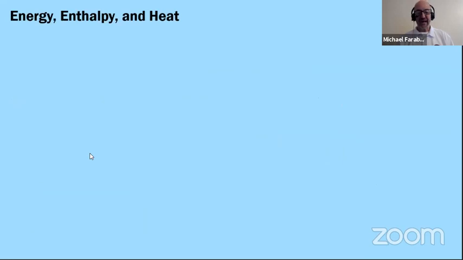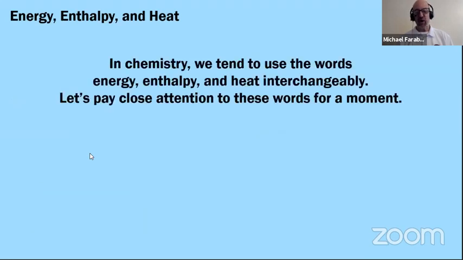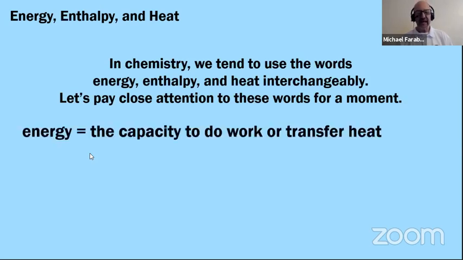All right, now the words energy and enthalpy and heat are often used in chemistry interchangeably. So let's pay close attention to these words for a moment. Energy in general is the capacity to do work or transfer heat.